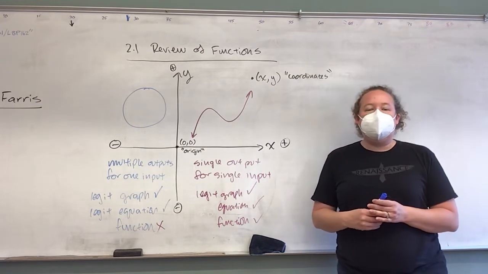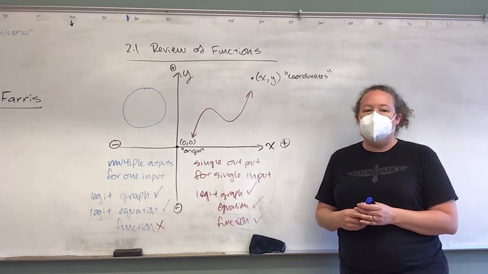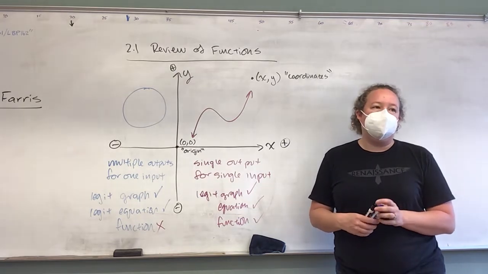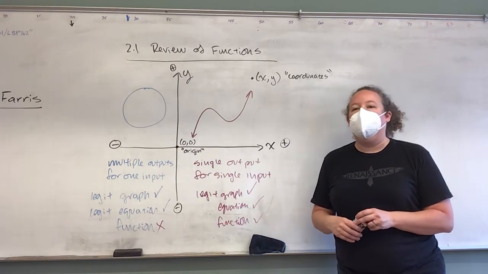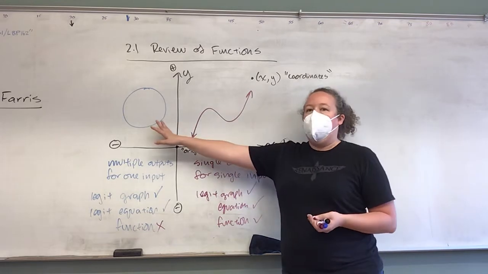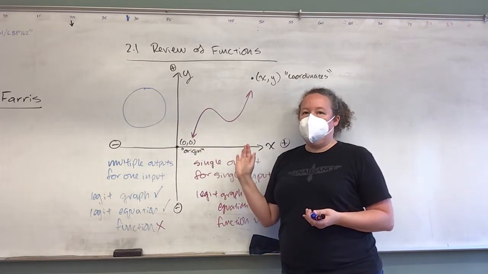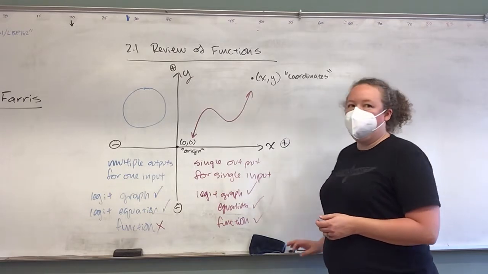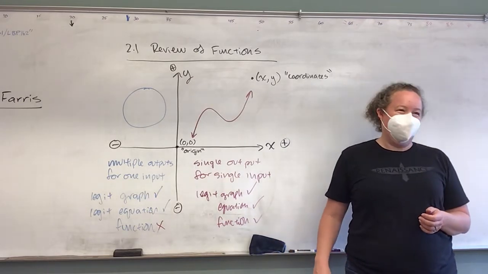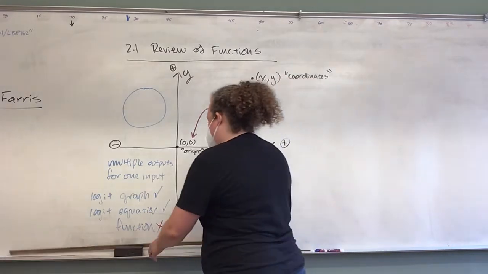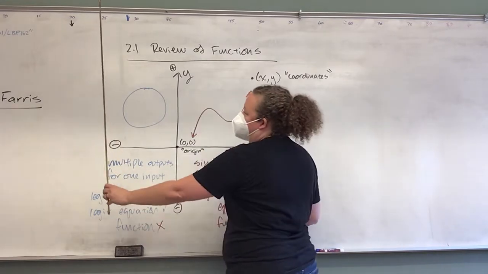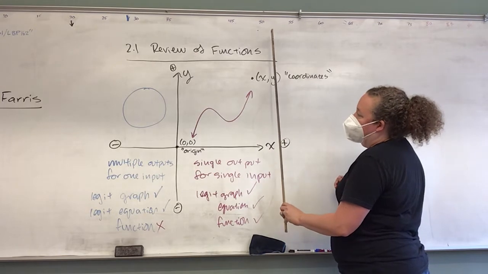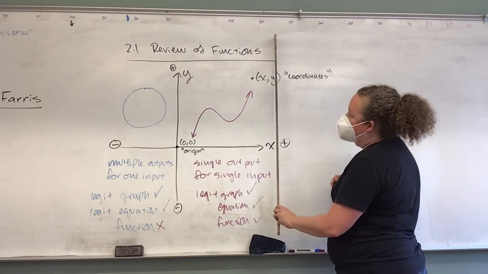All right, let's say that we wanted a simple graphical tool that would help us to determine whether or not a graph is a function. We have a little test that we can perform. The vertical line test. That's right. If you haven't seen the vertical line test before, you just take a vertical line and it's like you scan it across the page.